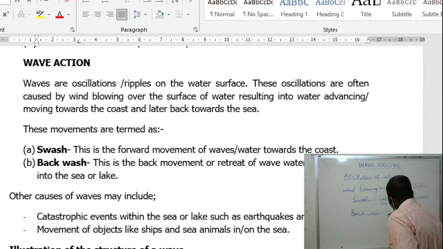You can call it the retreat of water back into the sea. So there is a forward movement called the swash, followed by a retreat or backward movement into the sea, which is called the backwash.